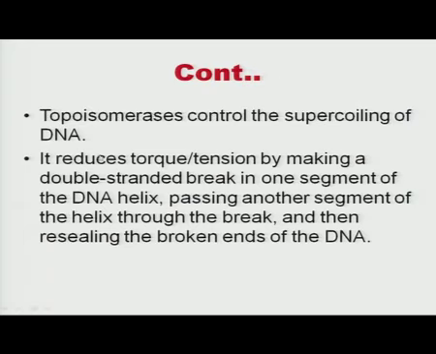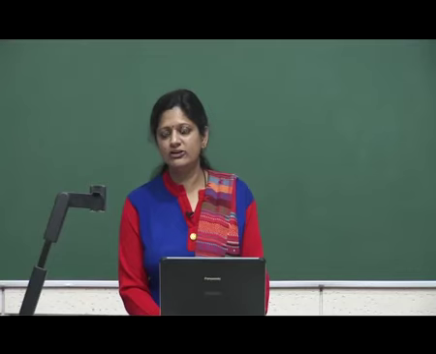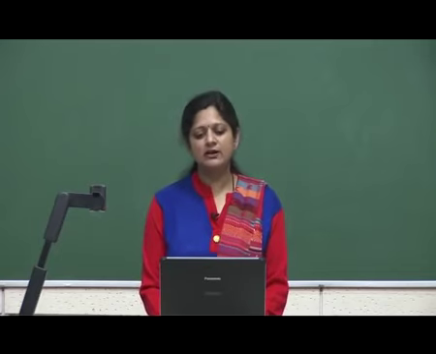This enzyme reduces torque or tension by making a double stranded break in one segment of the DNA helix, passing another segment of the helix through the break and then resealing the broken ends of the DNA. That means, this topoisomerase will cleave the strands of the DNA, so that this torque, this tension can be released and the DNA supercoilings can be removed.